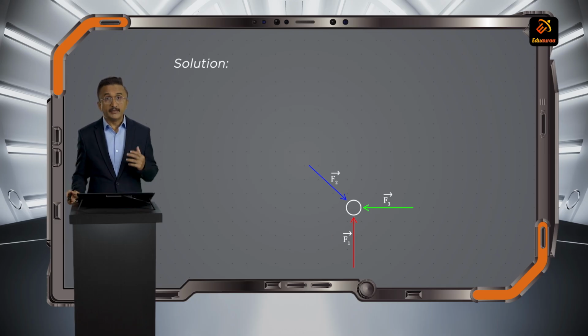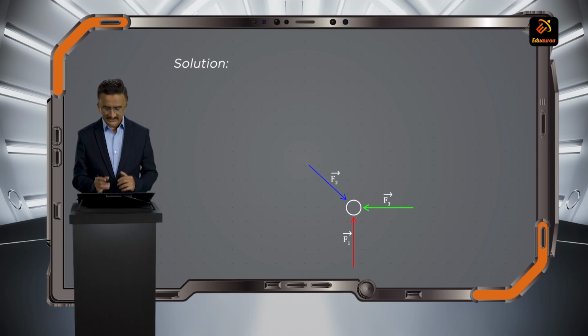So first I am interested in the resultant force acting on the body. So suppose F1, F2 and F3. Now see, all these three forces are in the order and they are going to complete the triangle. So what is going to happen? So in this case, I can use the triangle law of vector addition and I can find out the resultant force.